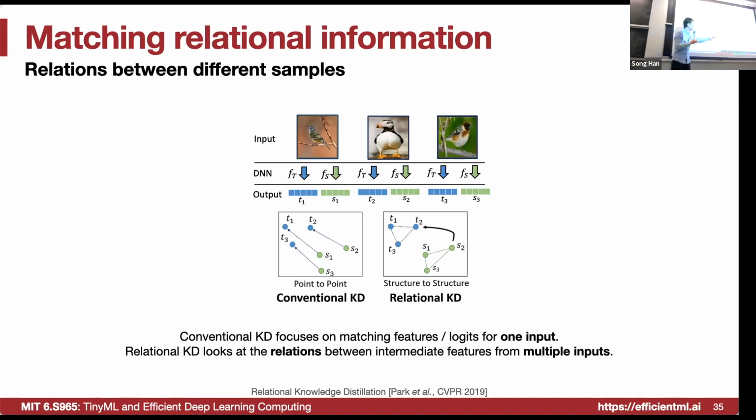Rather than matching the student with the teacher for image 1, image 2, image 3 individually, we allow some difference between them, but we try to make their relationships match: 1, 2, 3. We try to match the relative relationship rather than putting the student exactly at the same location as the teacher. This is the difference between conventional knowledge distillation and this relational distillation.